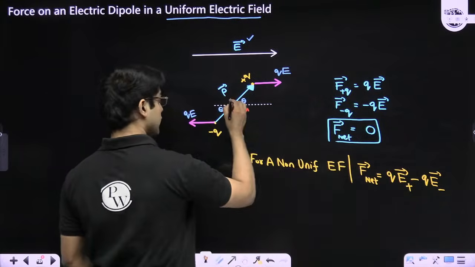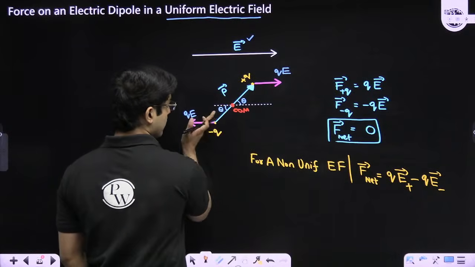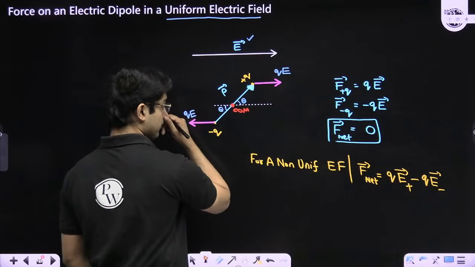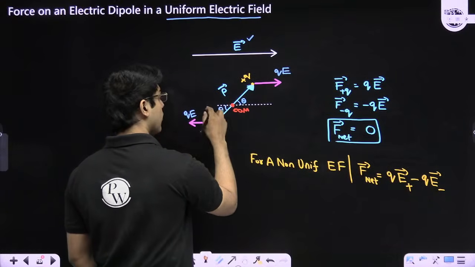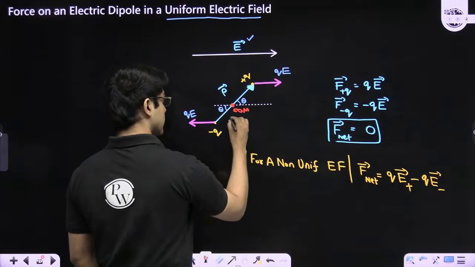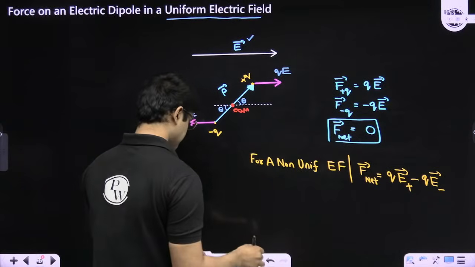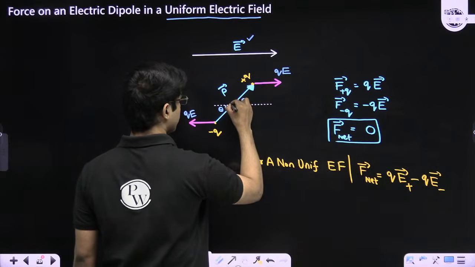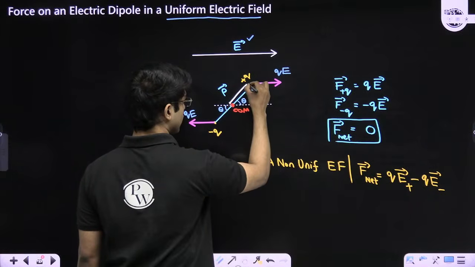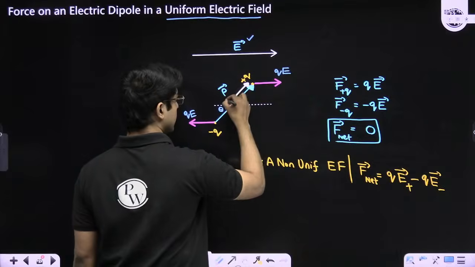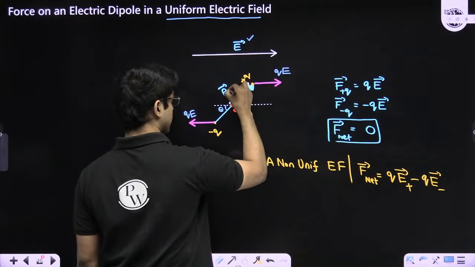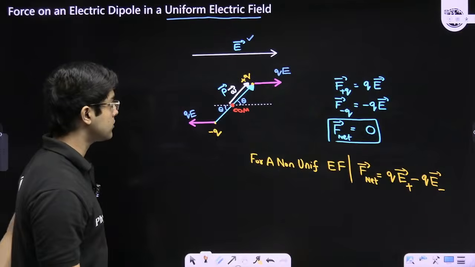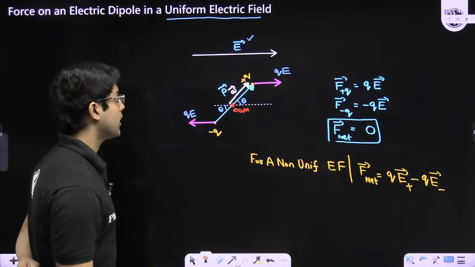So the dipole moment vector is in the direction from minus q to plus q. What I'll do is, from the center of mass to the positive charge, I am calling this position vector A vector.